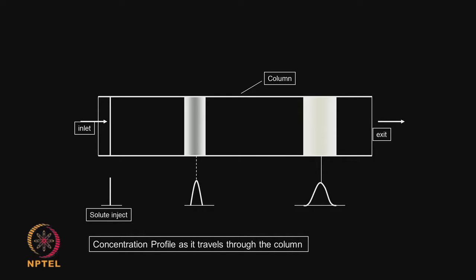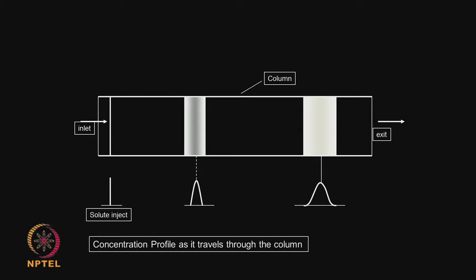Because of that the age distribution of this solute varies, and that is called dispersion. The shape of the curve is generally assumed to be normal, and the height and the width make a lot of difference, and from those parameters we can tell how efficient your separation process is.